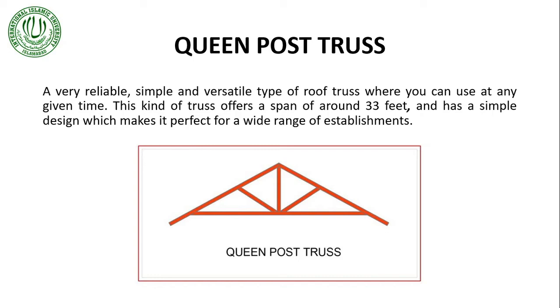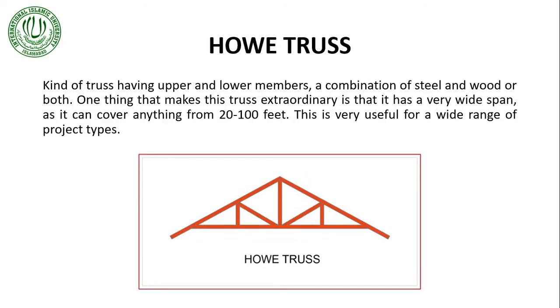So you see the span has increased from 27 feet to 33 feet, from king post to queen post. That is because by just adding these two extra structural members, they are taking more load, therefore the span has increased.